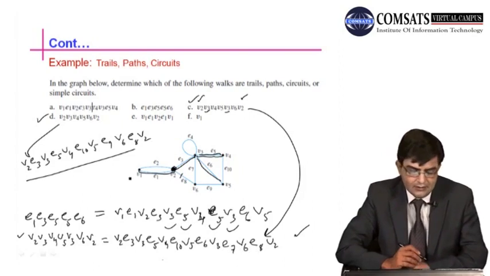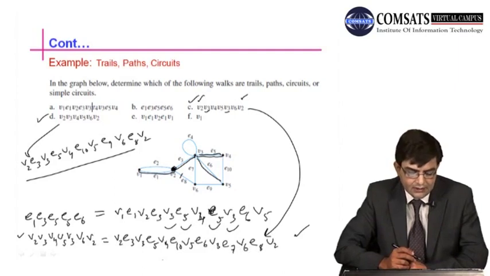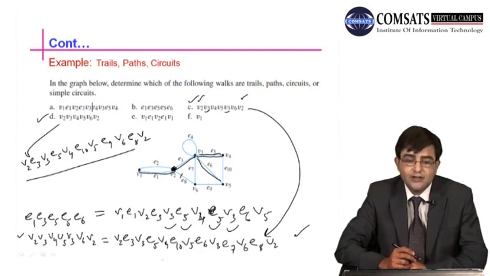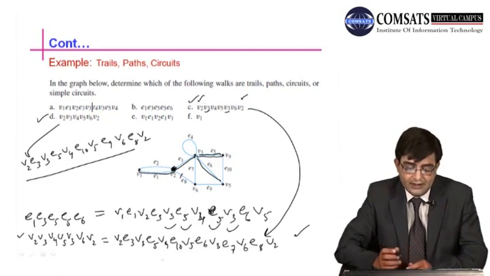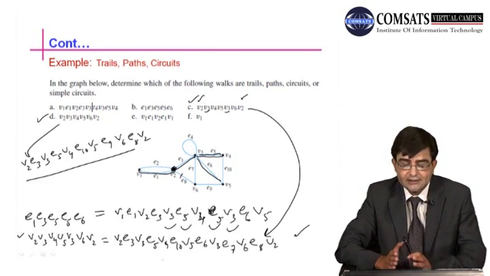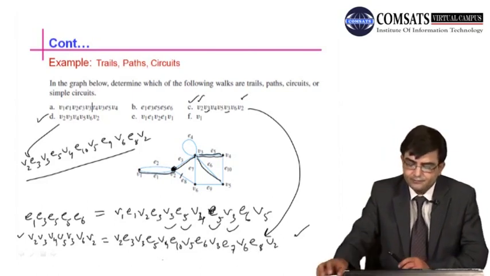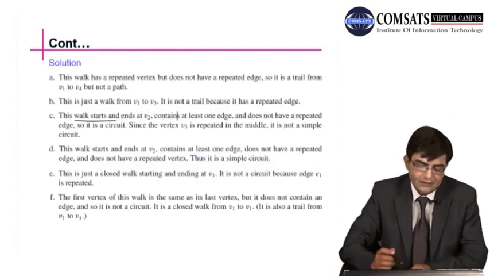So this is how we can write it explicitly, and we can see here that no edge is repeating here, no vertex is repeating here, starting and ending point is same, it contains at least one edge, so it's a walk and it's a simple circuit because it satisfies all the properties of a simple circuit.